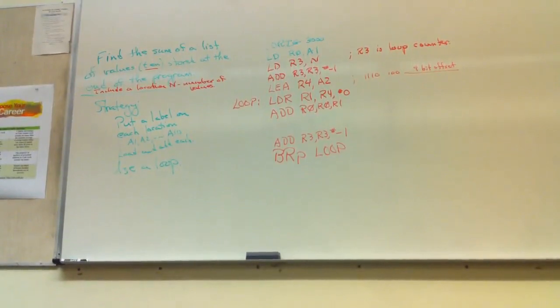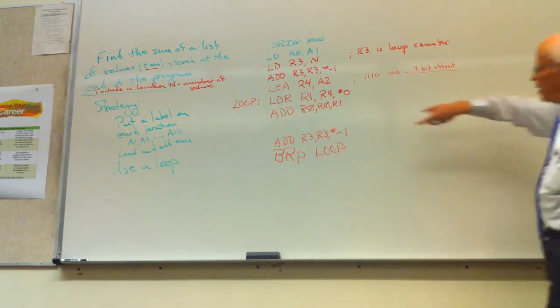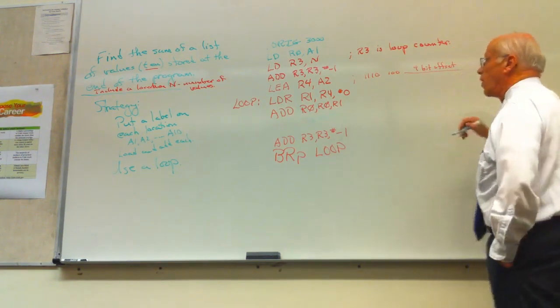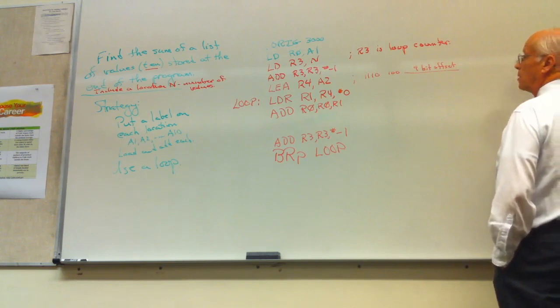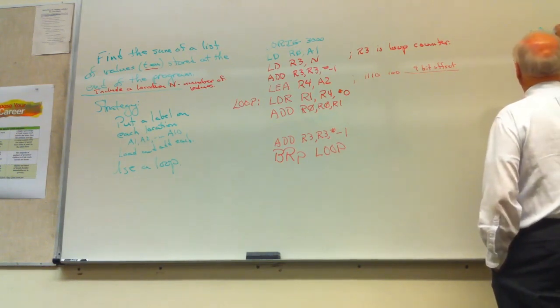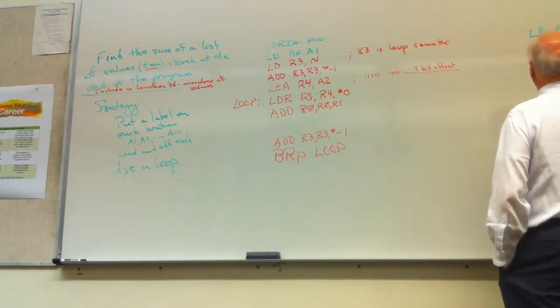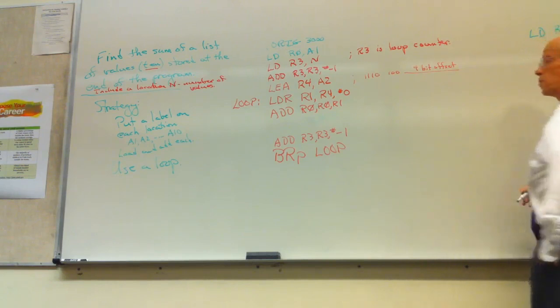Now, there are two tricks to this. I'll show you the hard one first, because it illustrates a significant factor here. In this gap right in here, I can do the following. I can load register 5 with the loop instruction.